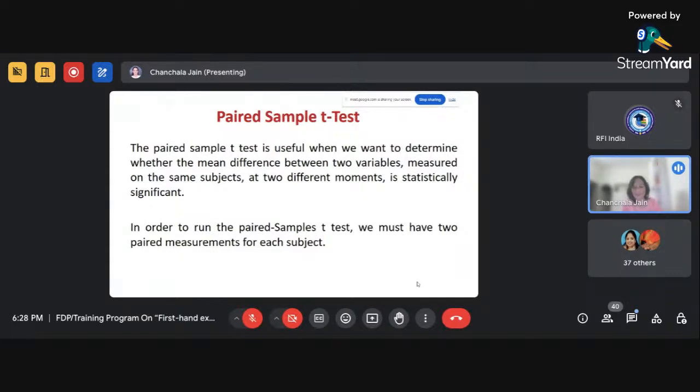After 7 days, when I have taught this, at the end suppose I again collect your responses for the same questions. The people will be part of both rounds. Suppose 50 people come in the first round, the same 50 should come in the second round also. This is the pairing of the samples.